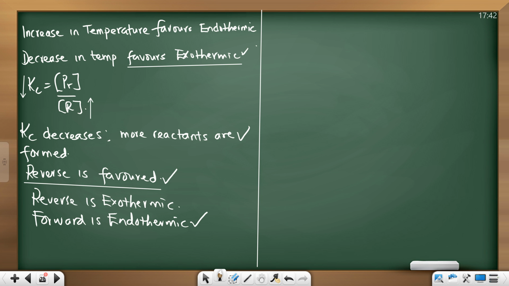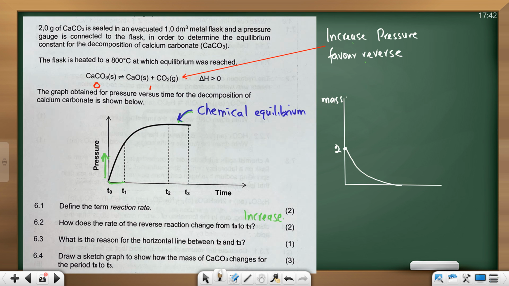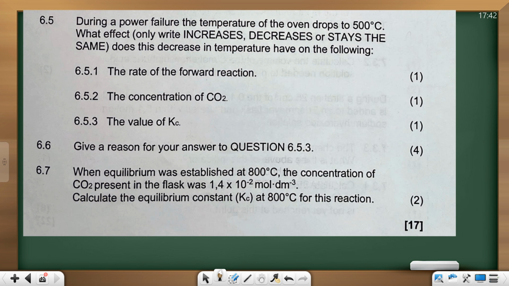All right, let's go. I don't like this question. It doesn't look like we're going to get a Kc calculation. I don't see a Kc calculation, but let's run. If we don't get a Kc, I need to do one. During a power failure, what happens? Temperature drops. I see 2 marks there.